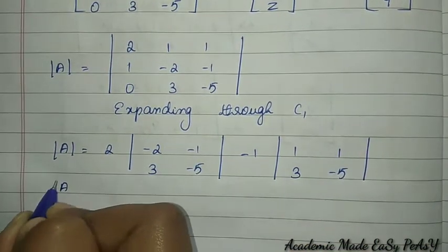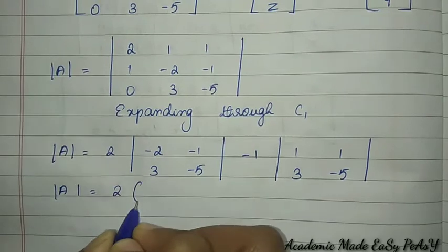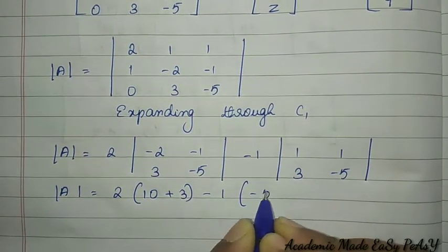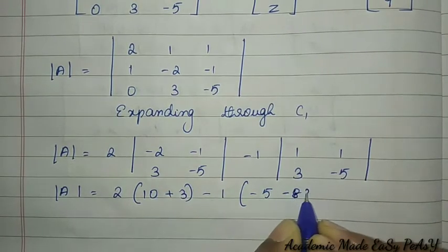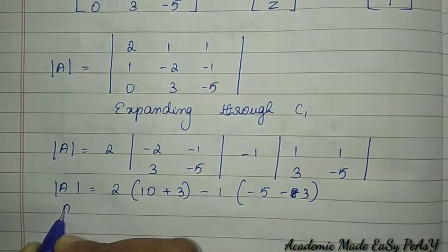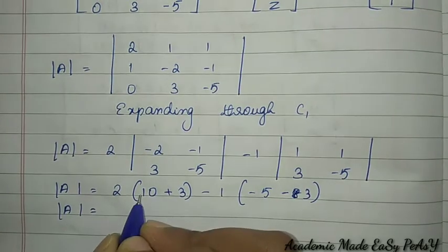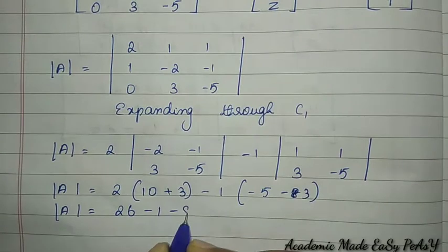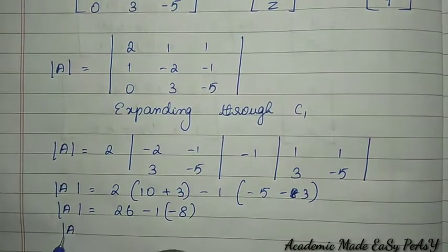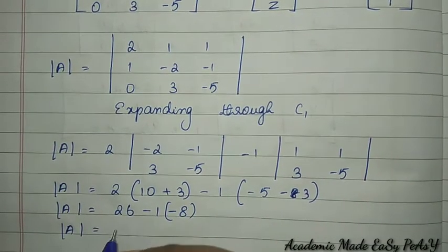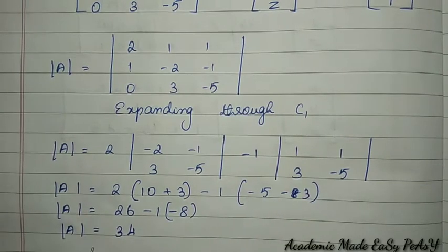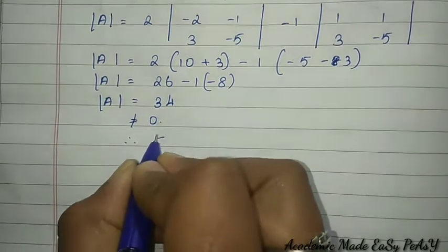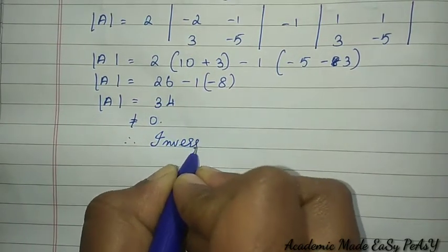So determinant A is equal to 2 into 10 plus 3, minus 1 into minus 5, minus 3. So determinant A is equal to 2 into 13 is 26 minus 1 into minus 8. So determinant A is equal to 26 plus 8 is 34. Since this is not equal to 0, I will say that therefore inverse exists.